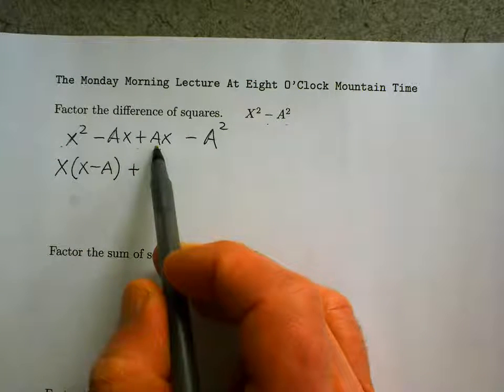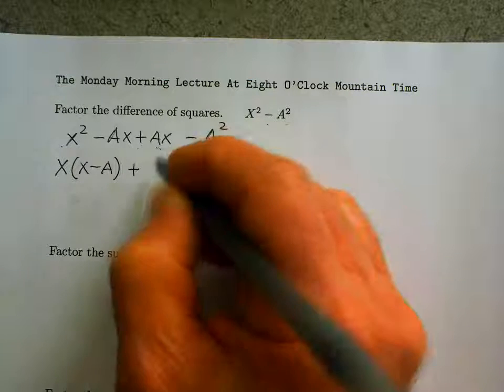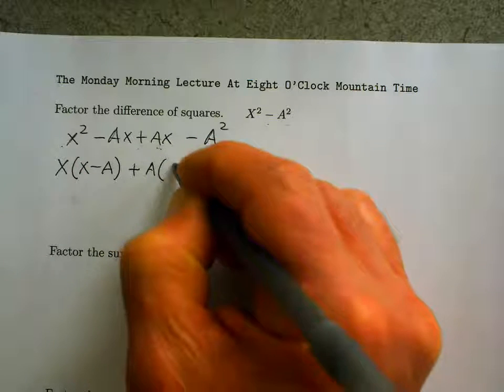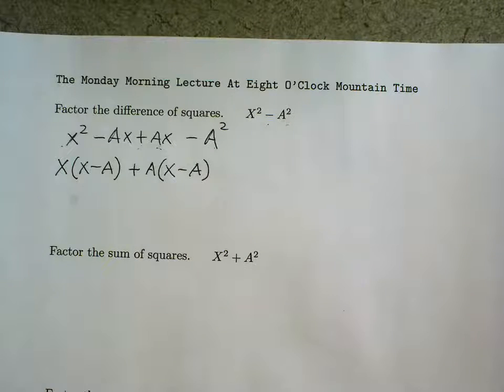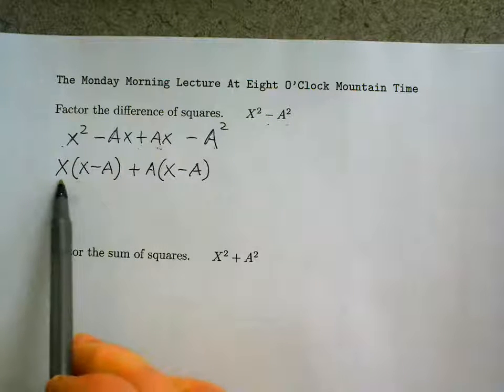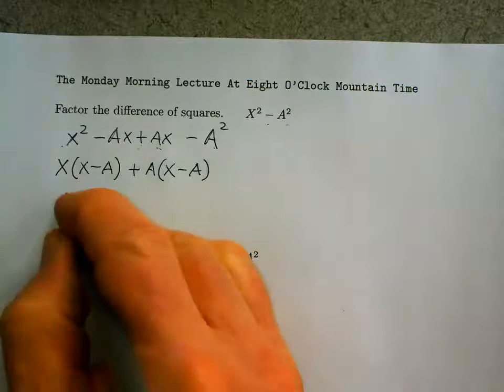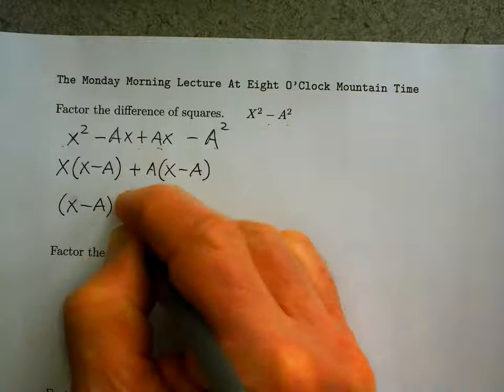And then out of the third and fourth terms, we factor out the greatest common factor, which is a. When we factor a out, we get the binomial x minus a. And then the last step, the greatest common factor of these two products is the factor x minus a. So we factor that out, and we get x minus a times x plus a.